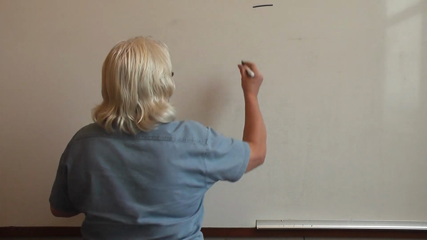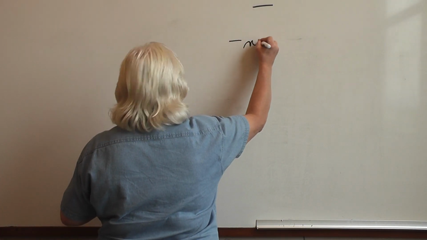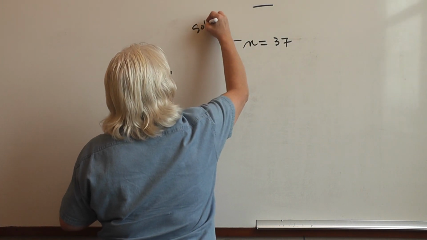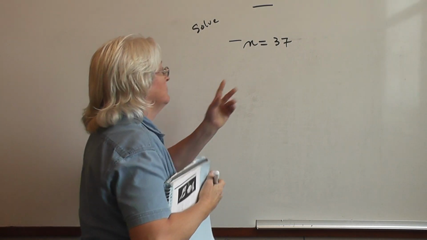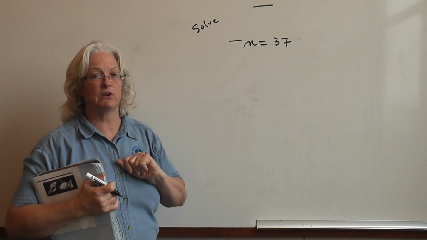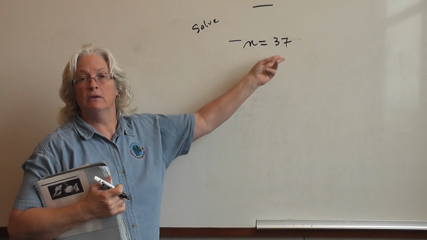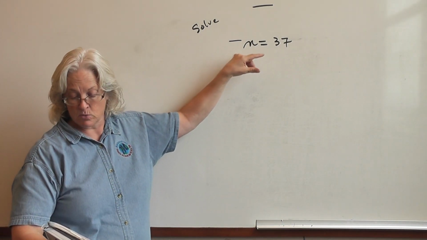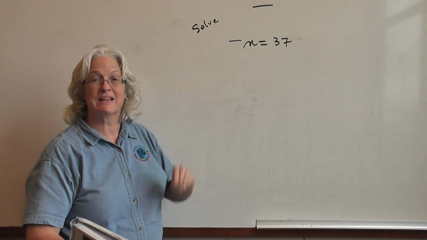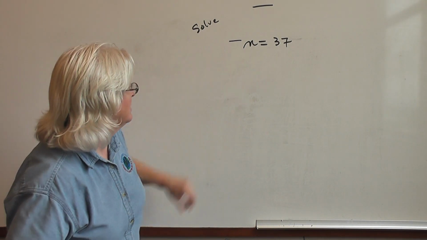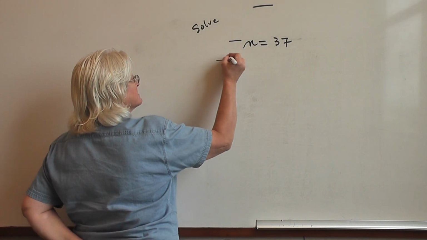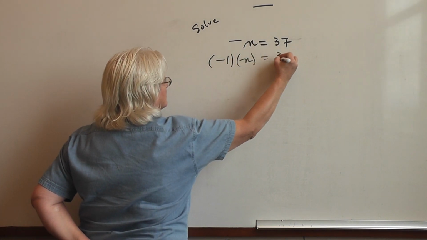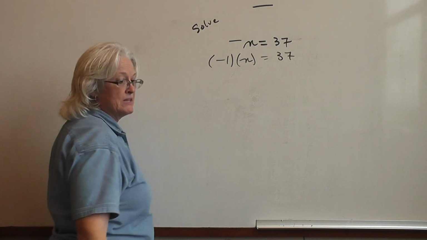We have negative n is equal to 37, and we want to solve this. You can read this as negative n equals 37, or the opposite of n is equal to 37. And what does this really actually mean? This is the same as saying a negative 1 times n is equal to 37.